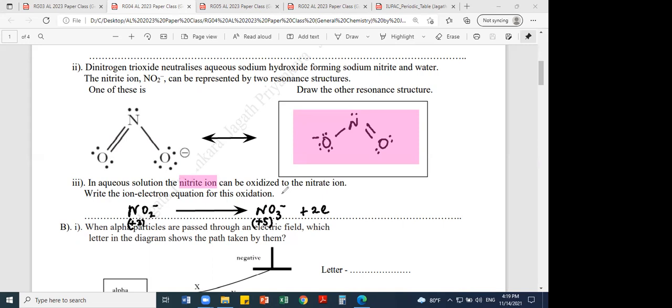So it has got oxidized because nitrite is unstable. For example, HNO2, nitrous acid, becomes nitric acid, HNO3, because NO2 minus is unstable. So that is the ion electron equation.